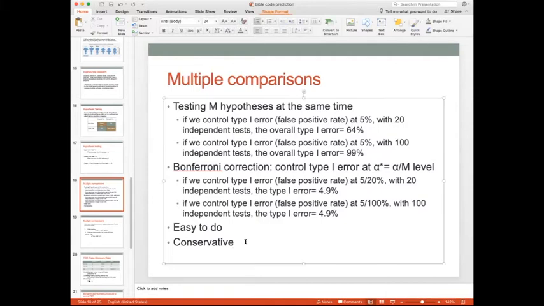In general, it's very conservative if you have correlated hypotheses. It works very well for independent tests, but it becomes very conservative for correlated hypotheses, okay?